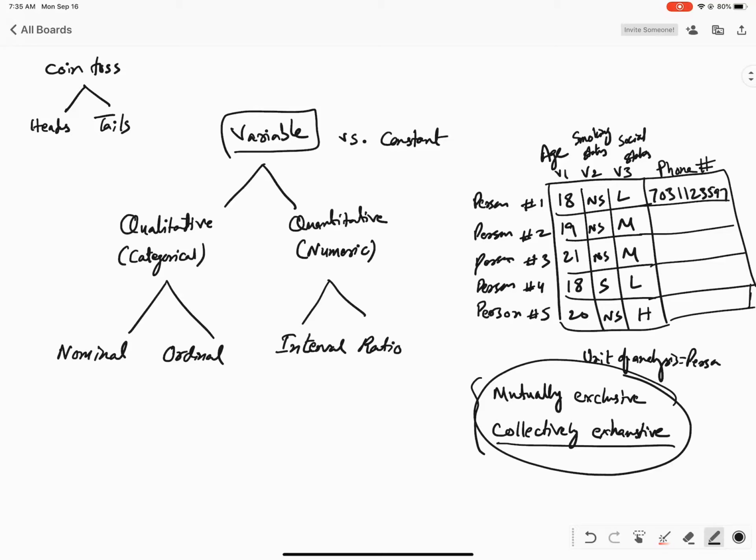I'm just making up some hypothetical numbers here. So person number 1 has a phone number that starts with 703, right? That's the 10-digit phone number for this person. Person number 2 lives in a different area code, right? So this person's phone number starts with 571, which is the area code for this person, and then 1112233, some number like that, and so on and so forth. So we have a telephone number for each of the 5 individuals in this sample.